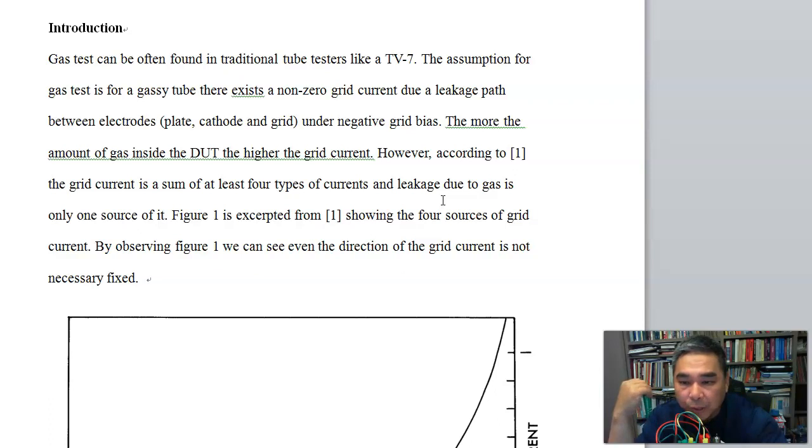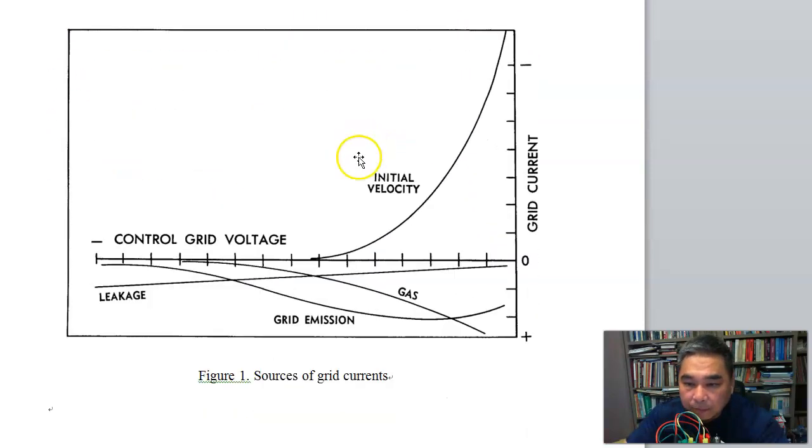Actually, there are four major components of a grid current. This figure 1 is extracted from this book. Here the x-axis is the negative grid voltage, and we can see there are four sources of grid current.